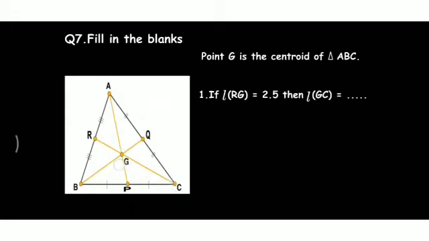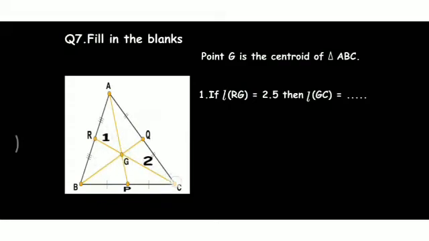So RG is 2.5 and CG we will find. But first we know that this point G divides the median into 2:1 ratio. So which will be the two parts and which will be the one part? Here we can see that GC is two parts and GR will be one part. So one part is 2.5.